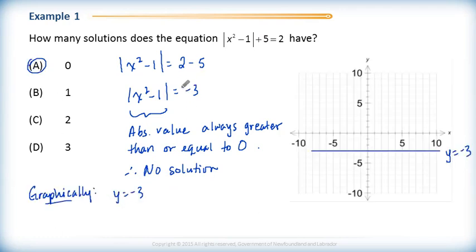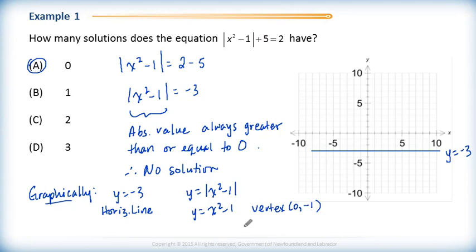Graphically speaking, if we graph the right-hand side, y equals negative 3, that is a horizontal line. The left-hand side, y equals absolute value of x squared minus 1. To graph that, we first consider y equals x squared minus 1. It has vertex at 0, negative 1.